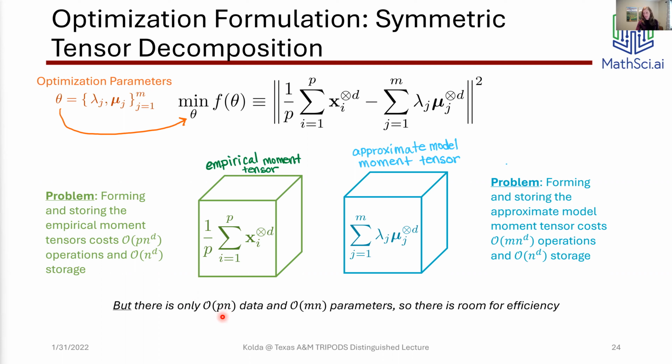So we only have p times n data, and we only have m times n plus 1 parameters: the m vectors of length n and the m scalar weights. So it feels like we shouldn't have to use that much storage, because we're starting with a small amount of data and finding a small number of parameters. Maybe we can do something more clever.